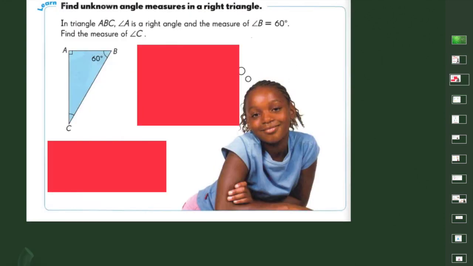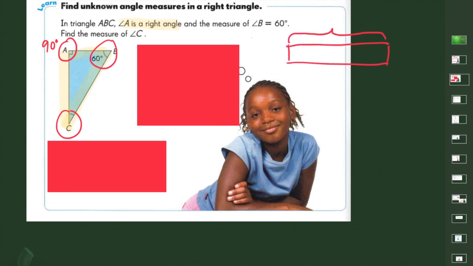So let's explore this a little bit further in this triangle, triangle ACB, or ABC. We can see that angle A is the right angle. We know that is 90 degrees. The other two acute angles are going to have a combined sum of 90 degrees.